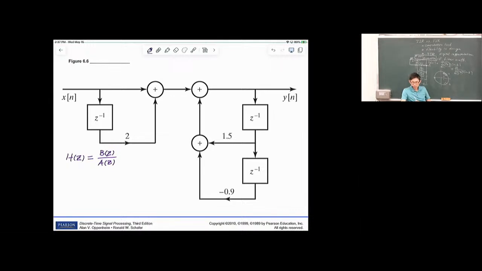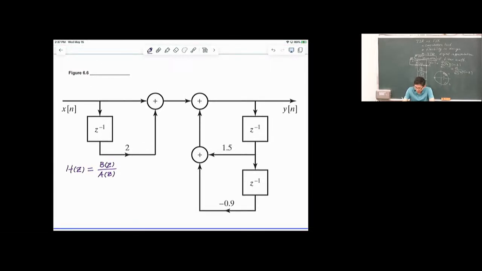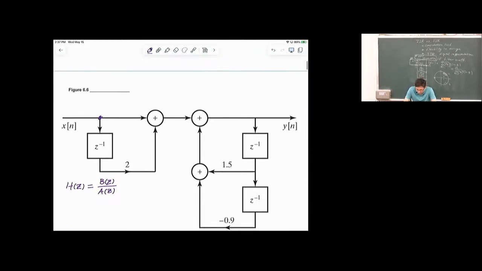So yeah, why don't we give it a try? Let's start from here. We have a branching right here. It's easier to use the Z transform notation. Note that the signal keeps coming in.